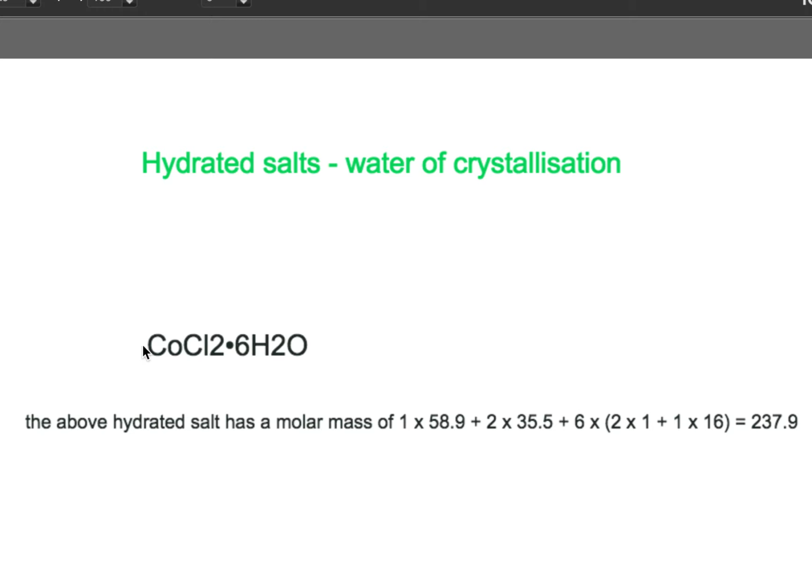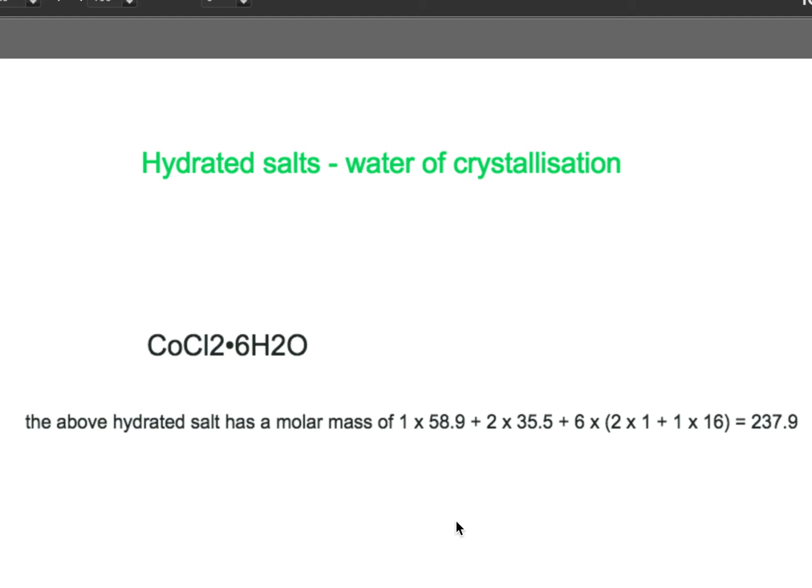Sorry, you should calculate the percentage composition of water in this compound. So you just do this part, 6 times (2 times 1 plus 1 times 16), divided by this part, and you figure out the percentage composition of water in this hydrated salt.